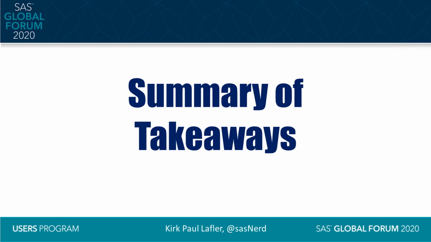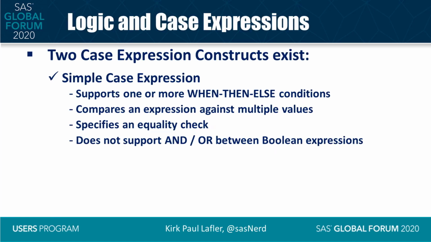Now, what are some summary takeaways? In this section, we looked at logic and case expressions. There are two forms of case expression constructs. A simple case expression, which is limited, but it's simple and it reduces the amount of keystrokes. The problem is that it does not support anything but equality checks, and it does not support and or between Boolean expressions.